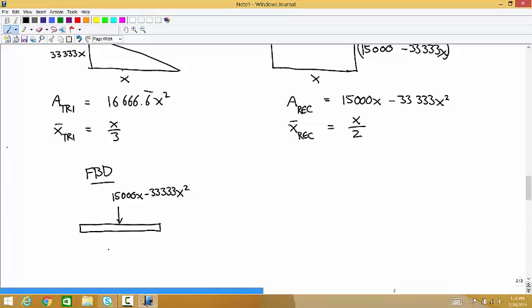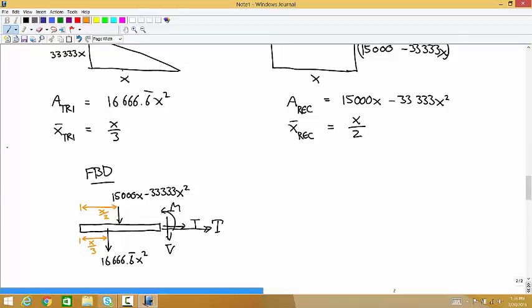And then a third of the way along it, we have a downward force of 16,666x squared. And then we have the internal loads. And these distances, this one is x over 2. This one is x over 3.